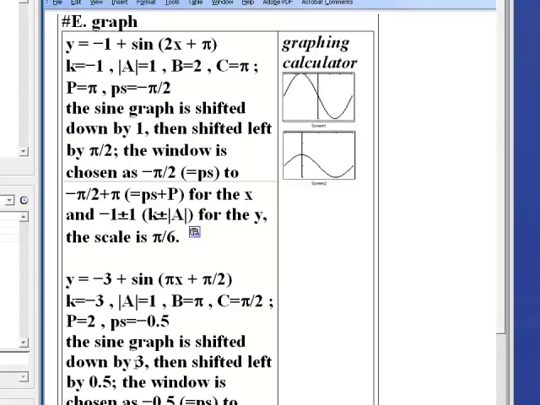And because the whole graph is shifted down by 3, I would have to look at that. We end up for -3 minus 1, which is -4, and -3 plus 1, which is -2. So over to the graphing calculator and graph these two.